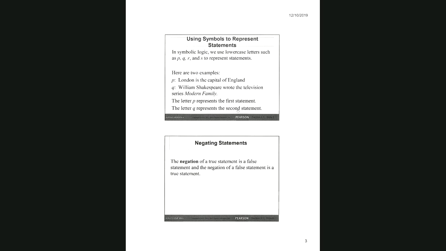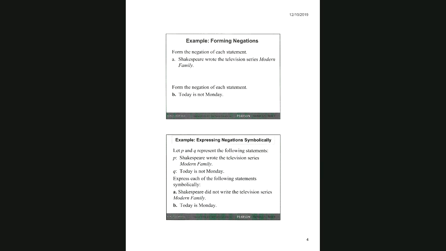The negation of a true statement is a false statement, and the negation of a false statement is a true statement. Negation just means the opposite, not. That formed the negation of each statement. Shakespeare wrote the television series Modern Family.